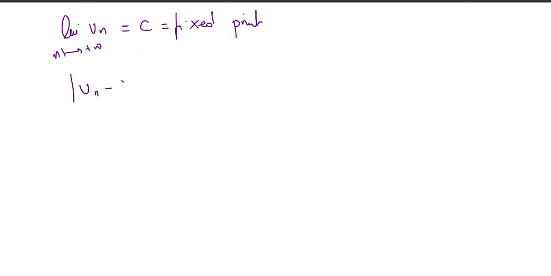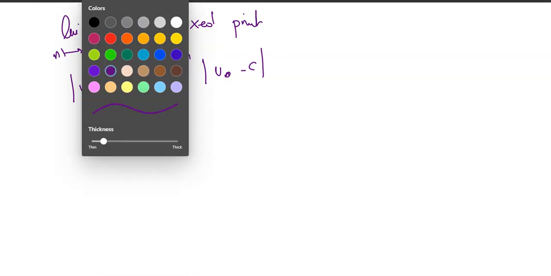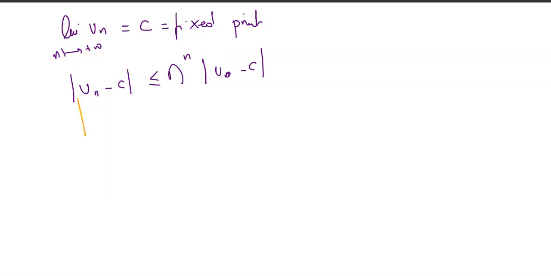We want now to prove that the limit of un when n reaches plus infinity is equal to the fixed point. So here I will use the inequality that I just proved: m to the power of n times the absolute value of u0 minus c. If we want to find the limit of this, let's denote it L, it is less than the limit of this when n reaches plus infinity.